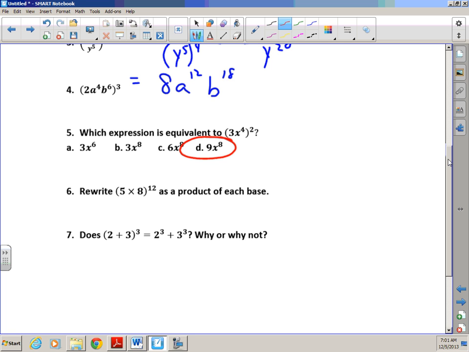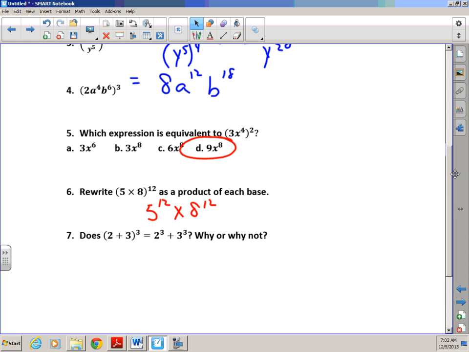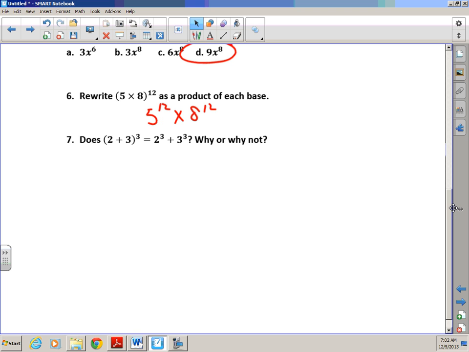Rewrite 5 times 8 to the 12th power as a product of each base. It's 5 to the 12th times 8 to the 12th. Now, let's make sure we understand this. Does 2 plus 3 cubed, in parentheses, equal 2 cubed plus 3 cubed? Now, you can test this out by doing the math, okay? But if you think about it, the left side is written in a way that tells you under order of operations to add first and then apply the exponent.